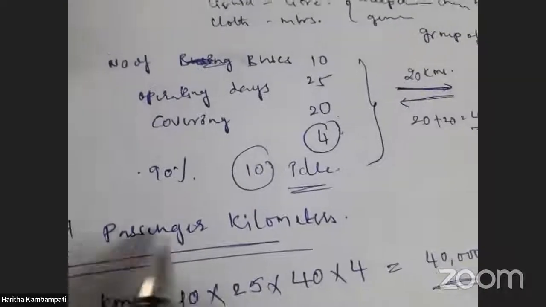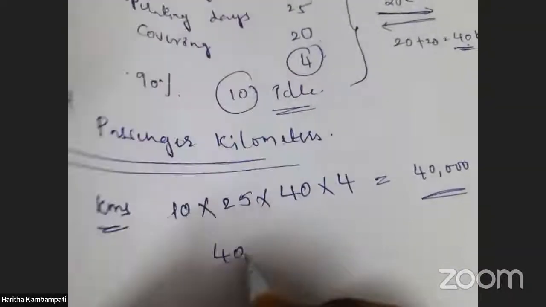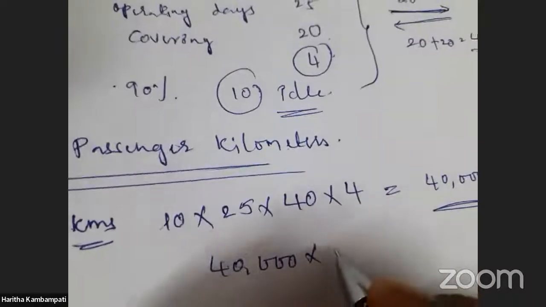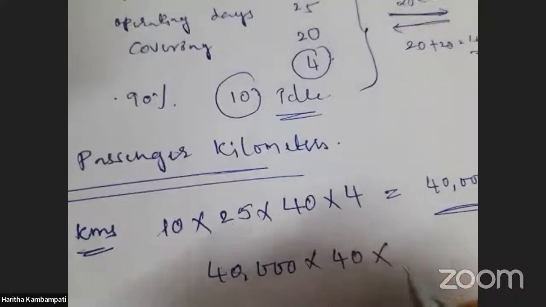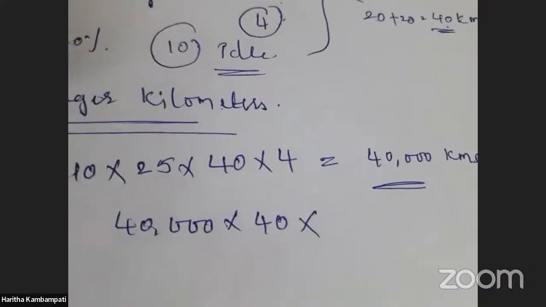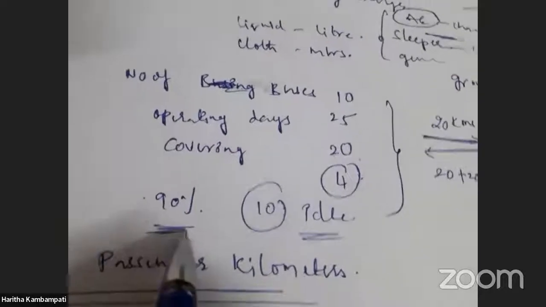In order to get total passenger kilometers, we should multiply these total kilometers with the capacity of passengers. Each bus has 40 seats, but is utilizing only 90%.